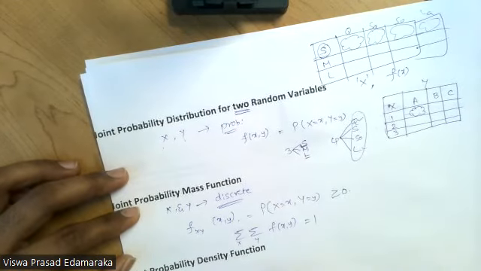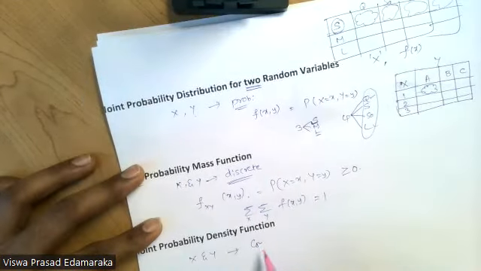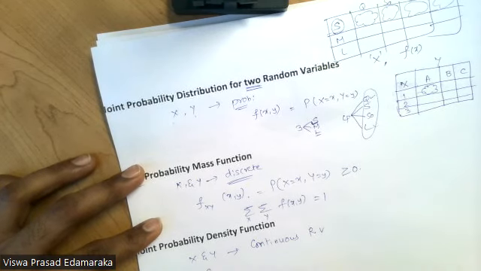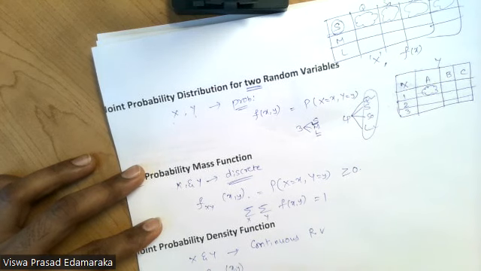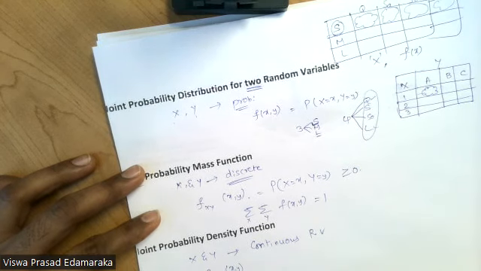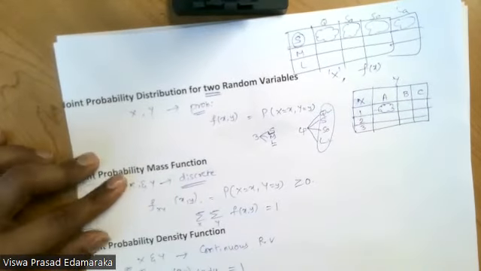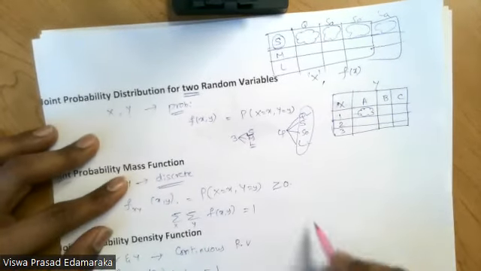Next, joint probability density function. If x and y are continuous random variables, then f of x comma y integrated from x equals minus infinity to plus infinity, and y equals minus infinity to plus infinity, dx dy, equals 1. So what does it mean for joint probability density function?